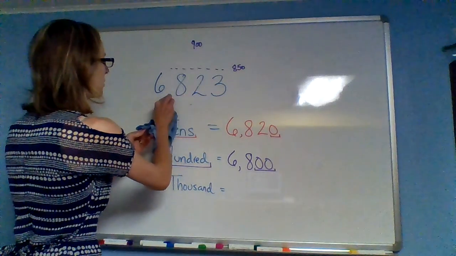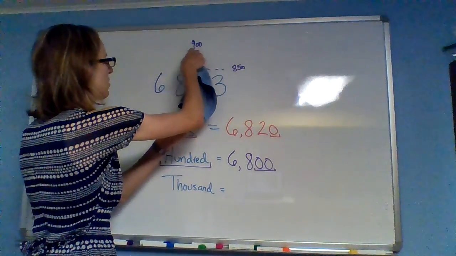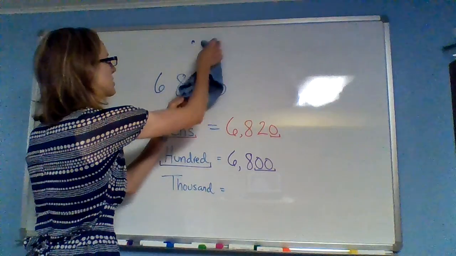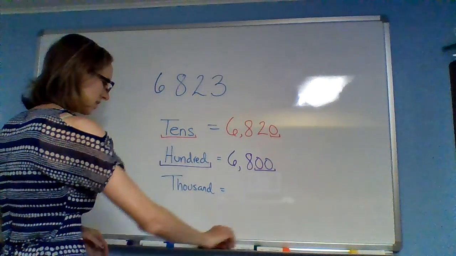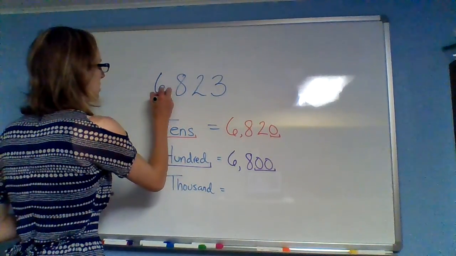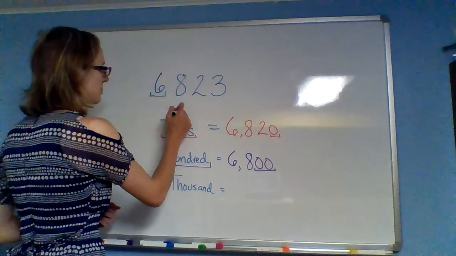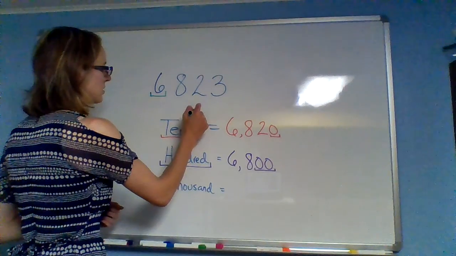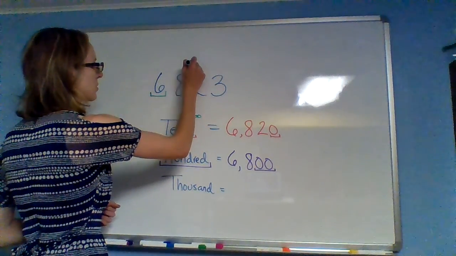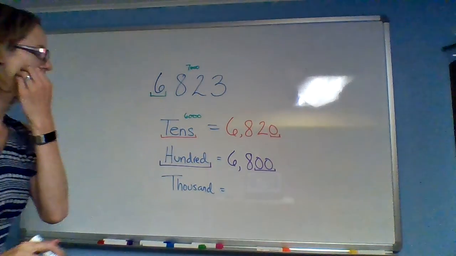Last one to try with this number is if I want to round to the 1,000 spot, I'm going to take a look at the 6, and then I check everything after that to determine, is this number closer to 6,000 or is the number closer to 7,000?